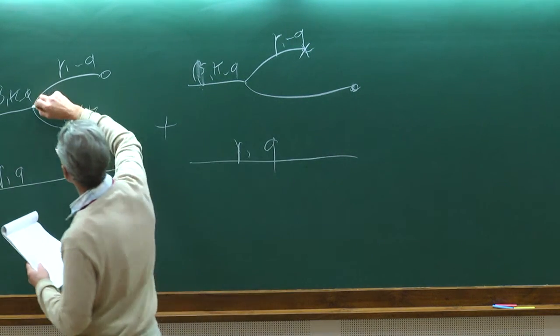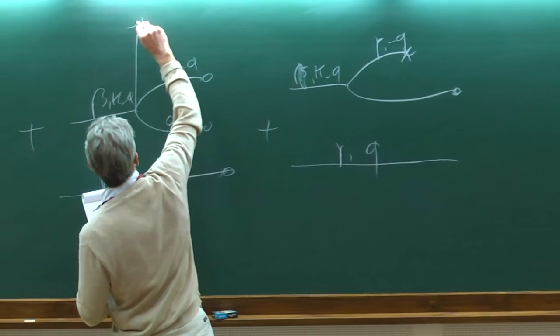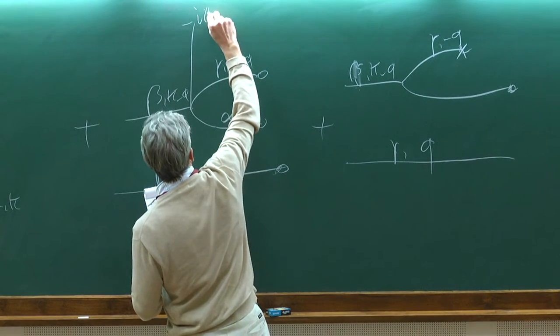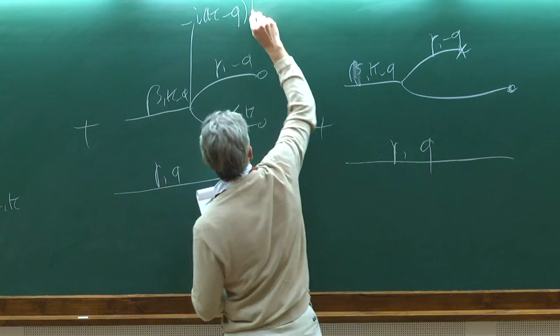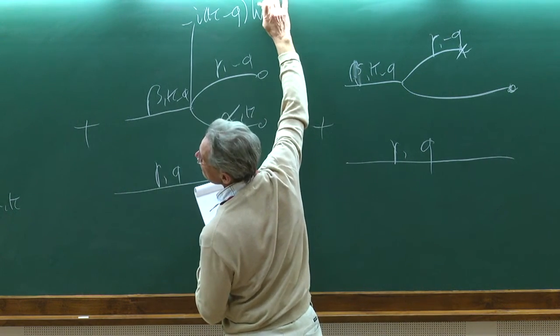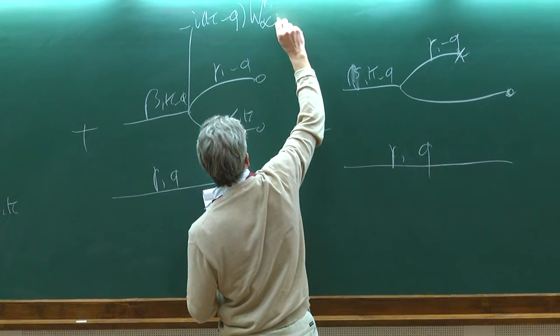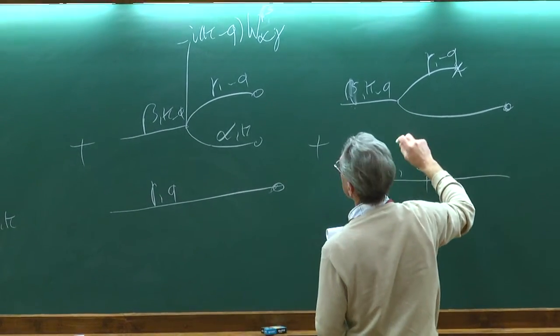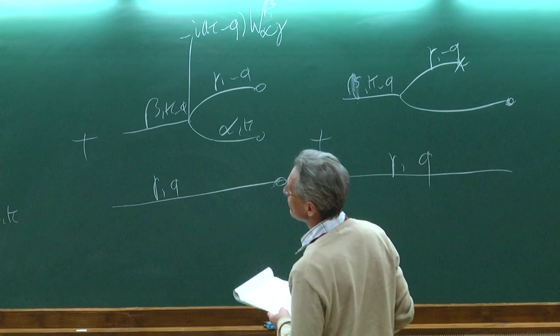And this would happen with minus i (k minus q) W beta alpha gamma, and the same weight here.